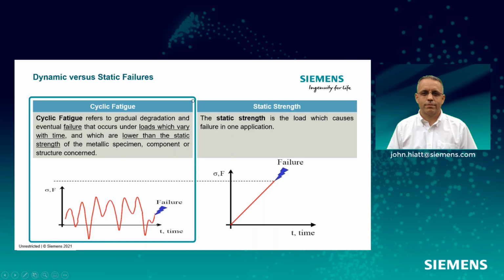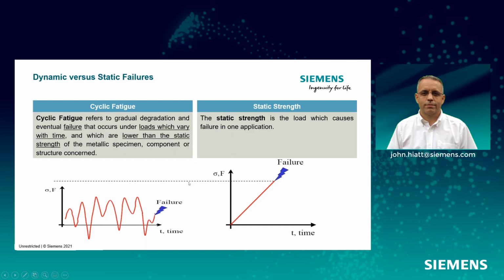What we're going to spend most of our time talking about is loads which vary with time, and they're below this static strength. Or another way to think of static strength is I fail in one loading cycle. So the big thing is our loads vary with time. Also, we're going to stick, for the most part, to metallic specimens. It gets a little different when we talk about composites.